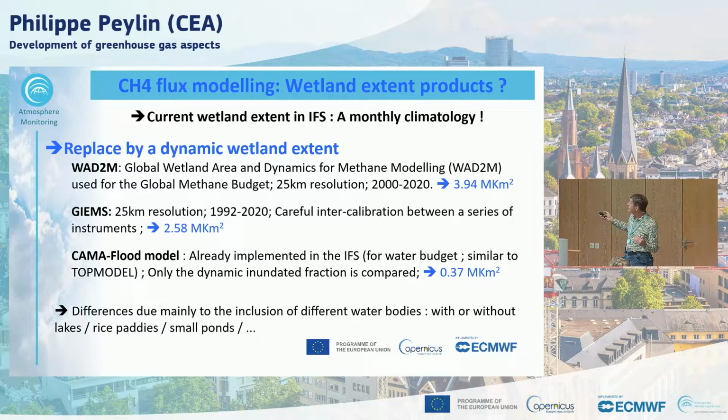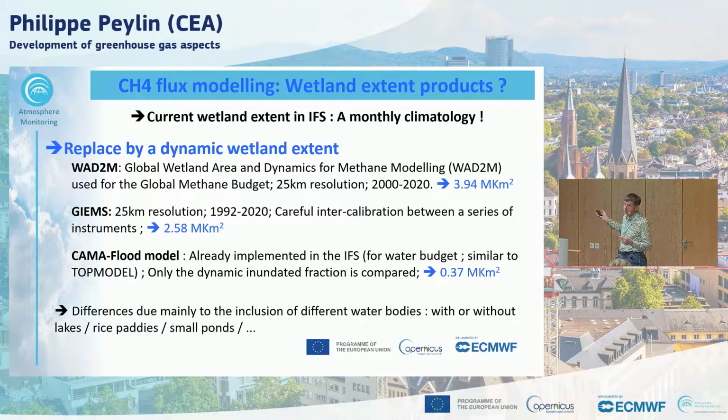The WAD2M is produced by Ben Poulter, and it's the official standard product used for the global methane budget of the Global Carbon Project. And GIMS is a product derived by Catherine Prigent and French teams, also based on satellites, with possibly a more careful intercalibration between a series of instruments.